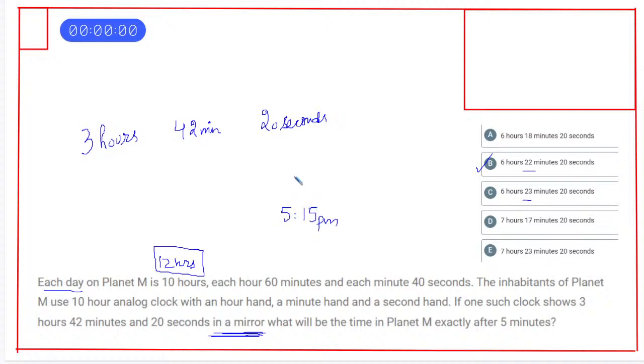So if it's a mirror image, you have to find the actual time. For that, what will you do? You will subtract this 5:15 from 11:60. Like 11:60 is what? 12 hours. So you have to subtract it. Basically, it would be what? 45. 60 minus 15 is 45. And 11 minus 5 is 6.